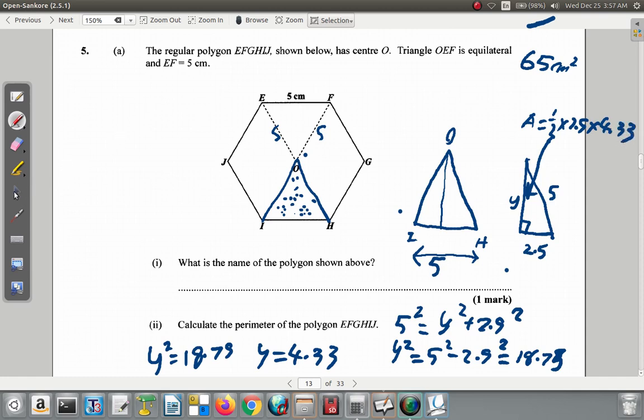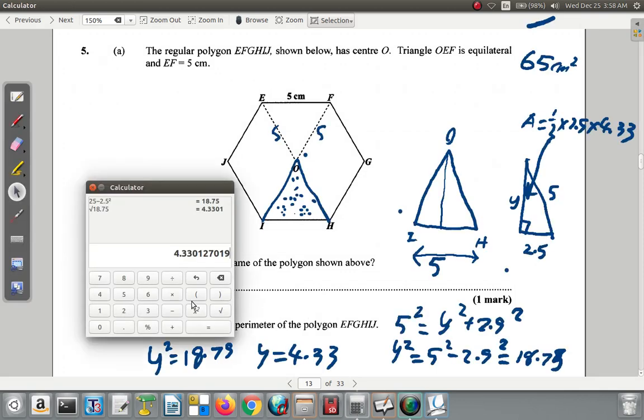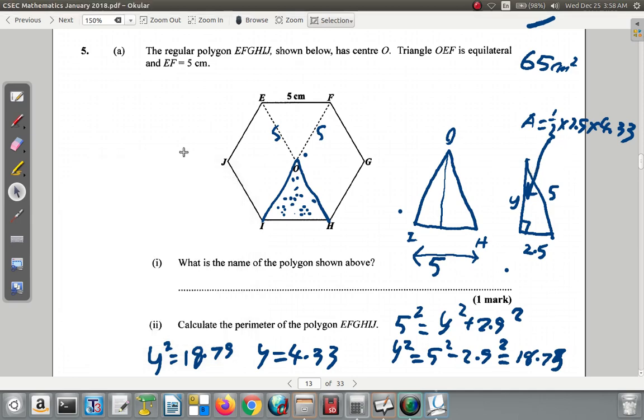Calculate that and see what you get. So 0.5 times 2.5 times 4.33 equals 5.4125. So the area of this here would be 5.4125.